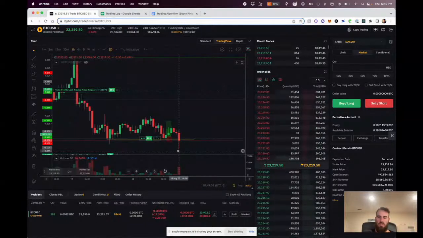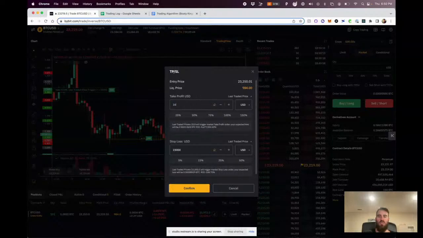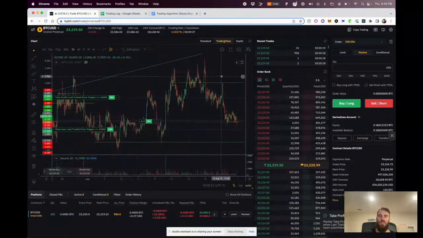The take profit should be exactly 24,000 because we're entry at 23250. Stop loss is at 23,000, which is a stop loss of 250 points. And so our take profit is going to be 750 points above the entry. So 750 plus 23,250 is 24,000. I'm not sure what I did there to not get the right value, but this is a trade that we're looking for. So I think this worked out nicely.